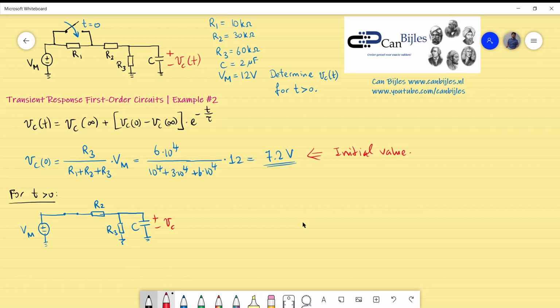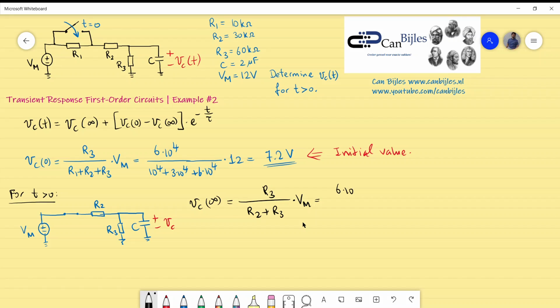So if we calculate this, you can do it in the same way using the voltage divider rule. Vc at infinity, that means the steady state value, is R3 divided by R2 plus R3 times Vm.